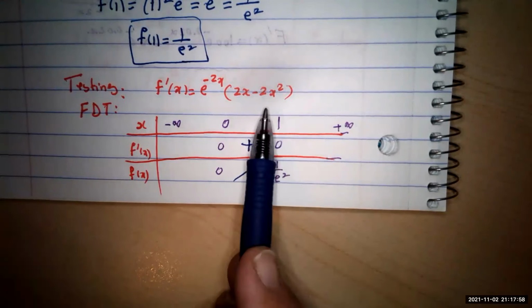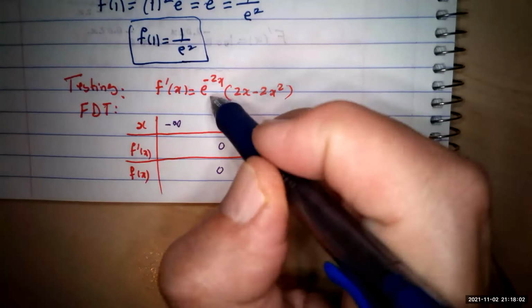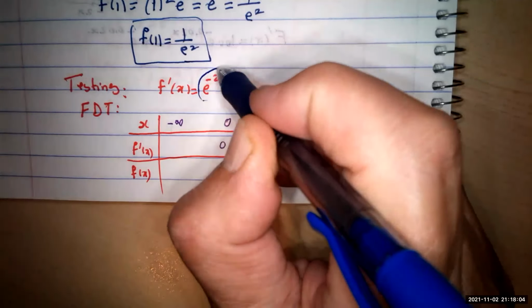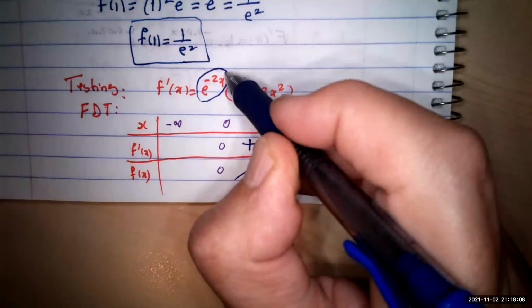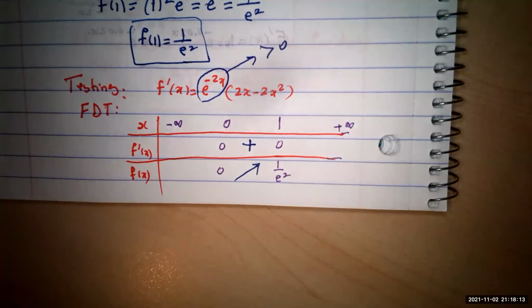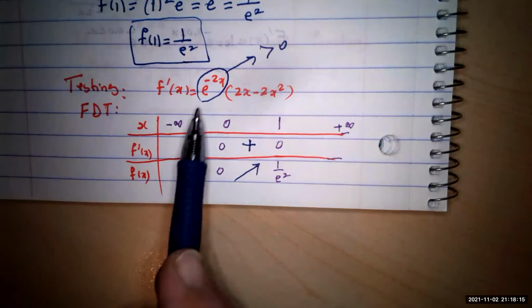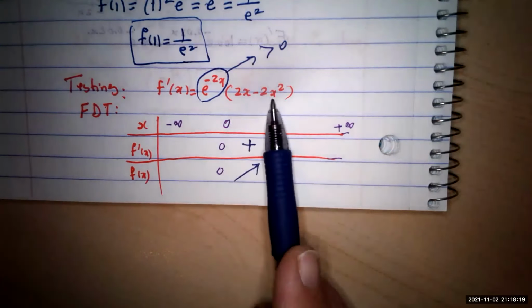Look at this one. This part over here, the exponential part, is always positive. We already talked about it. Why? Because e is 2.7. So you have to check only the sign of 2x minus 2x squared.